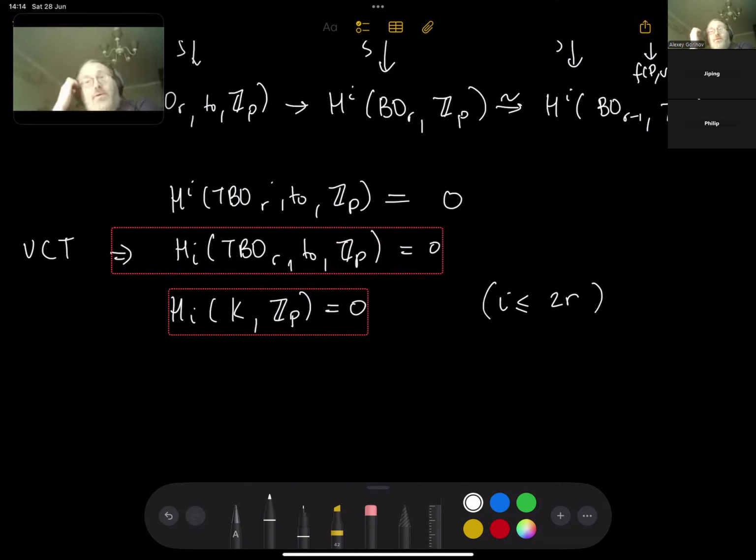On the other hand, BO<r> has two-torsion, but it also has a free part, and that's why the restriction.